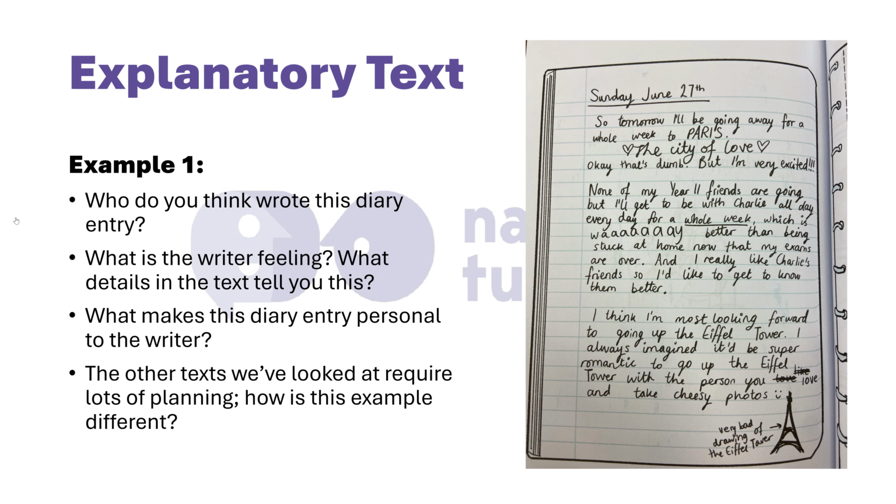And they also go on to talk about how romantic the Eiffel Tower experience will be, perhaps something that they've been anticipating. This is something that this specific person is looking forward to and couldn't be applicable to anybody. Exactly what you'd expect to see in a diary entry. Someone's personal thoughts, feelings, and desires.